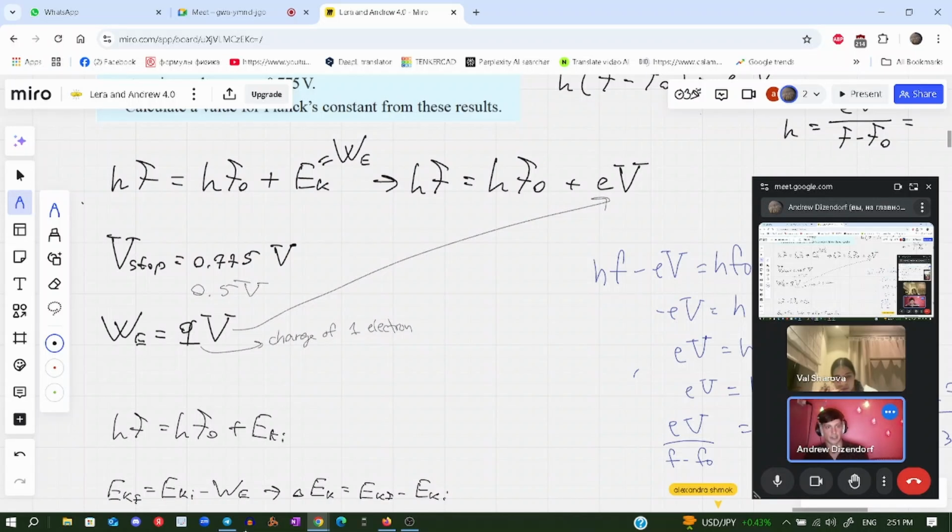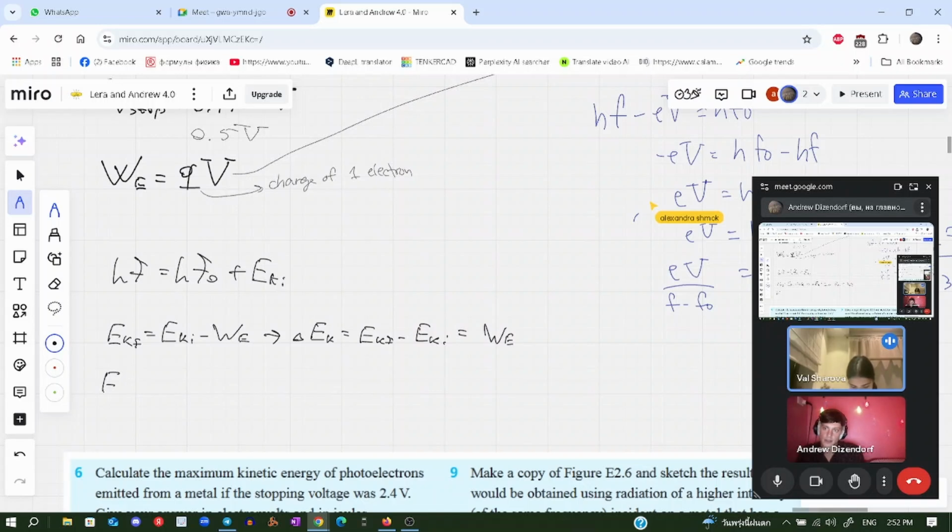Because E kinetic final is less than E kinetic initial. But it's okay, it should be a negative number because the work of the electric field decelerates them. How it's supposed to be. Equals. Just one second, let me just digest this.